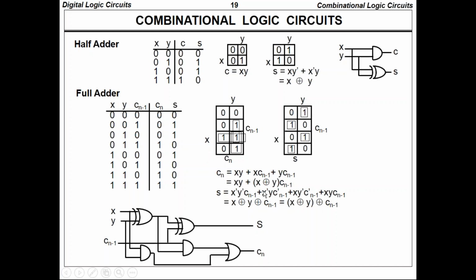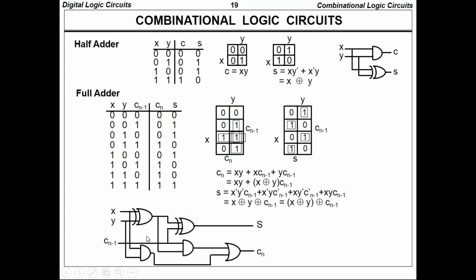So simplifying using Boolean algebra, we get x XOR y XOR C(n-1), or in terms of two half adders, we consider the expression like that. If you have any doubt in the simplification, you can ask me, okay?